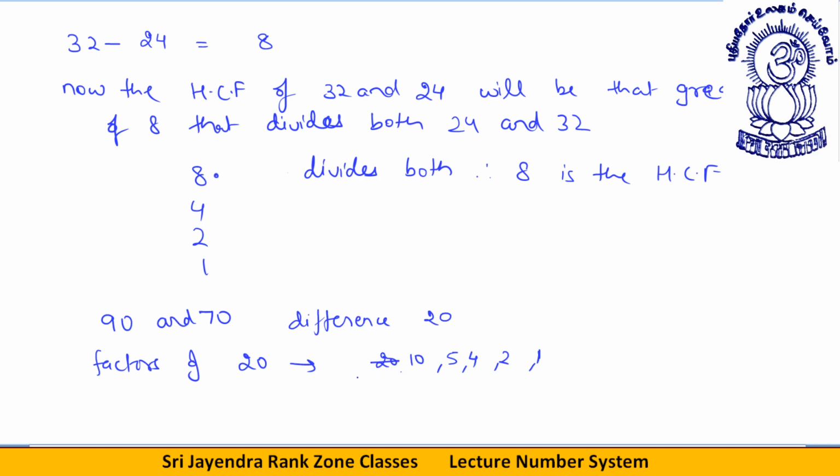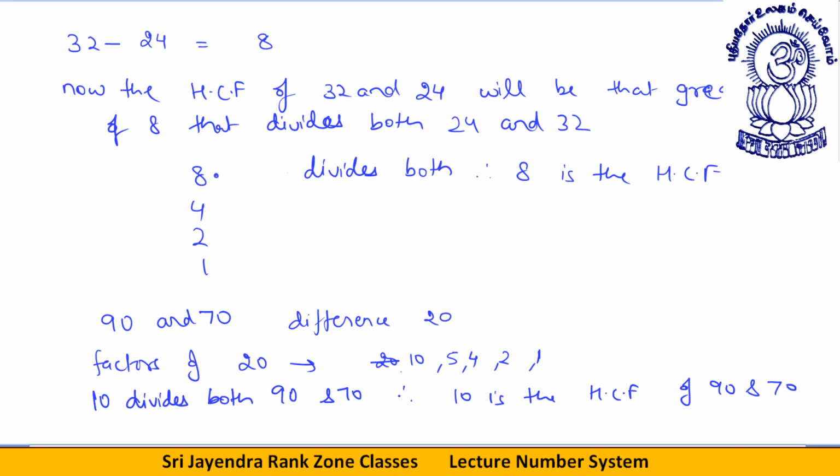No. Then 10? Yes, 10 divides both 90 and 70, therefore 10 is the HCF of 90 and 70. Things must be clear so far.